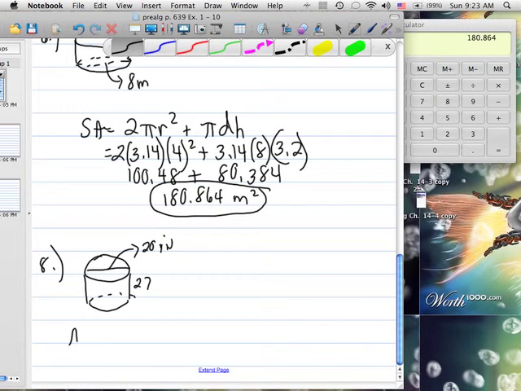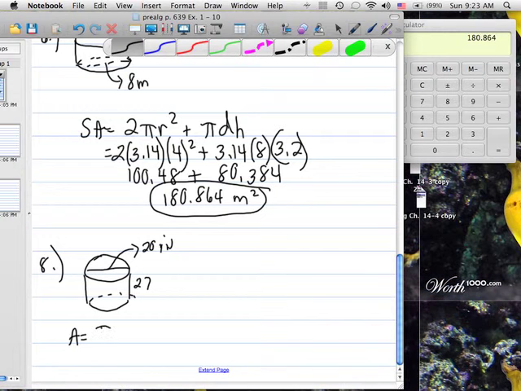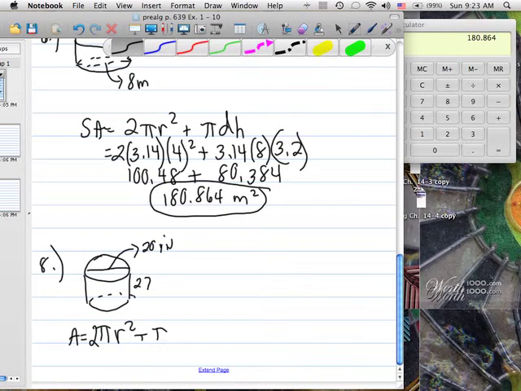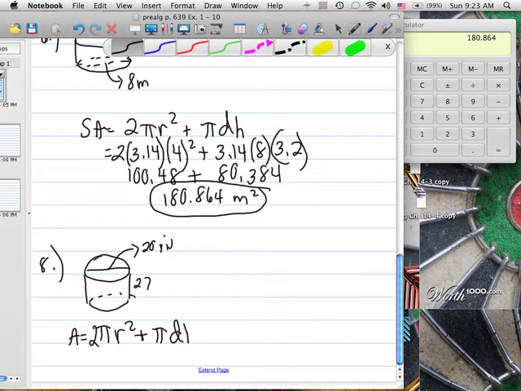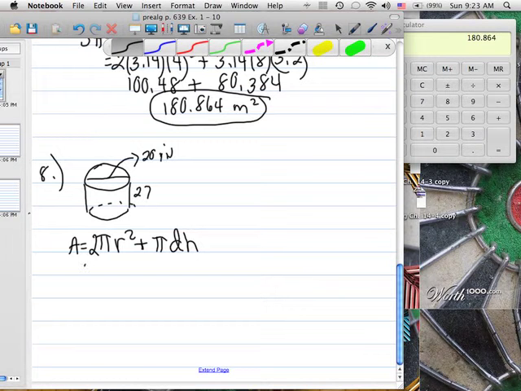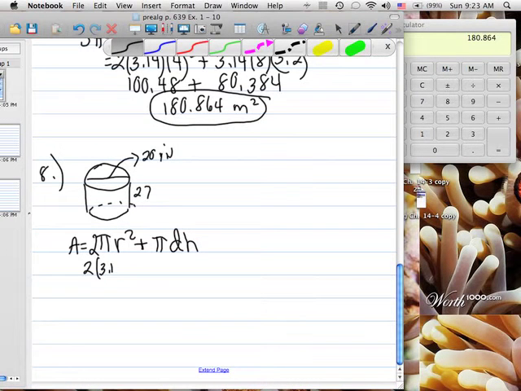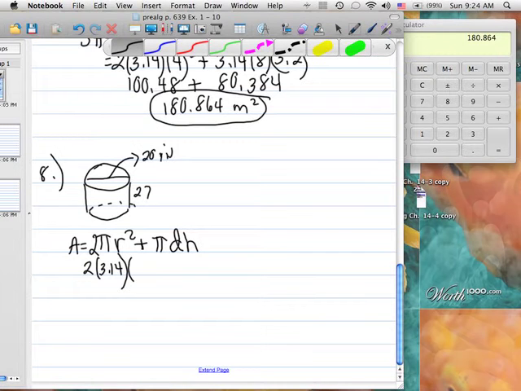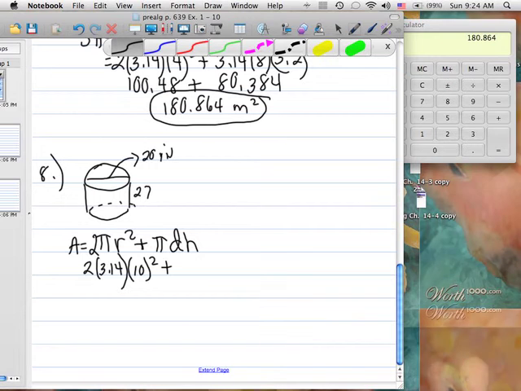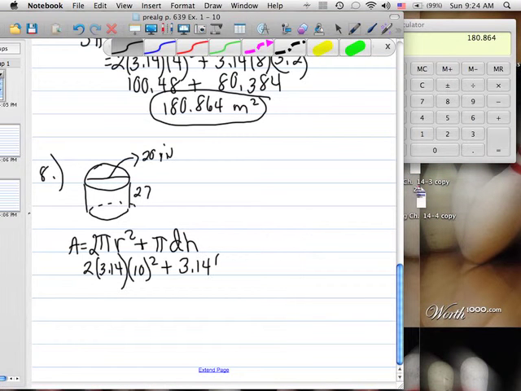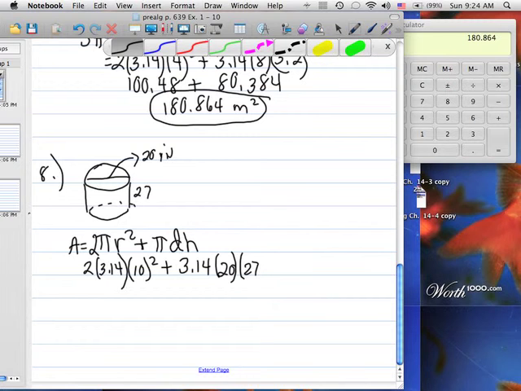So that would be the 2 circles, it's closed, 2 pi r squared, plus pi times the diameter times the height. So 2 times 3.14, no number there is divisible by 7. Radius is half of the 20, that would be 10 squared, plus pi 3.14 times the diameter 20 times the height 27.